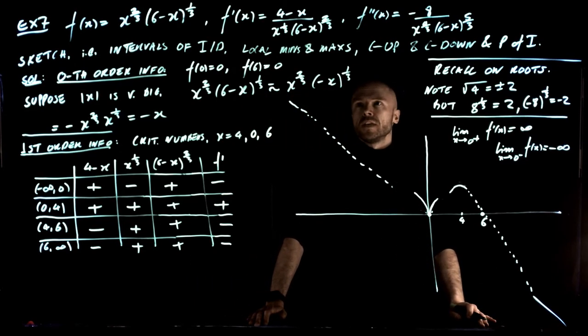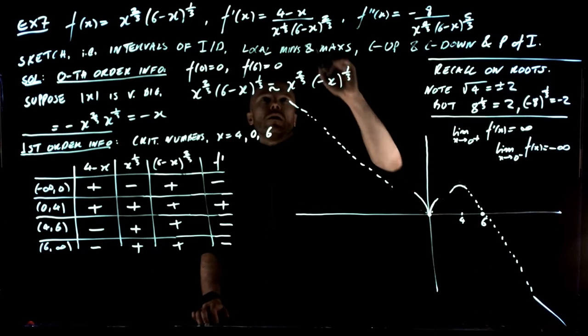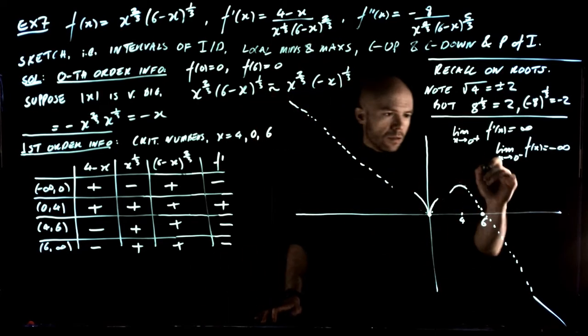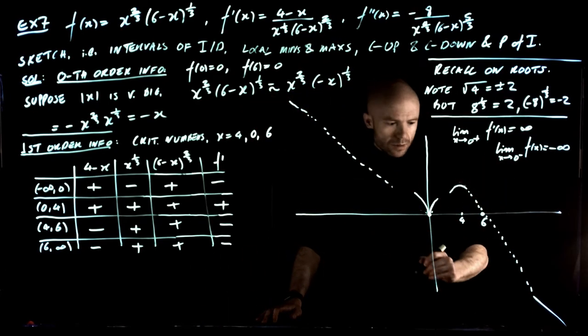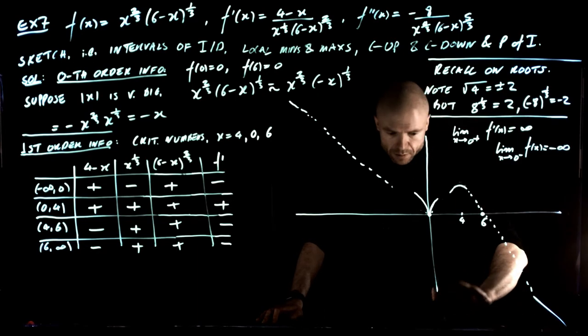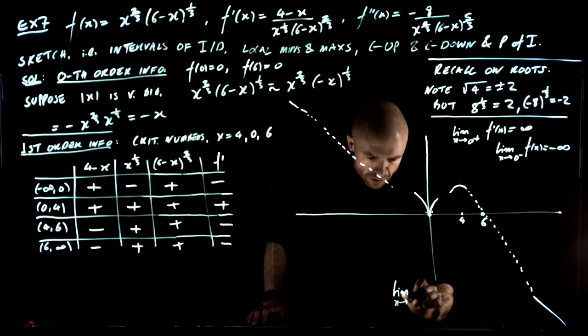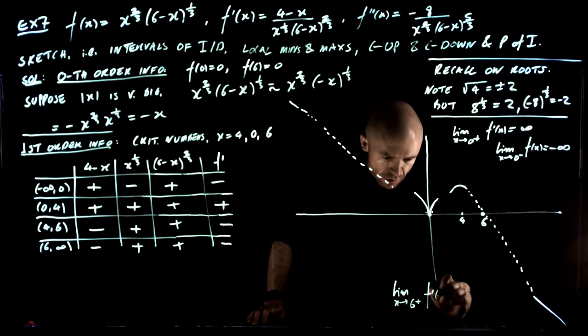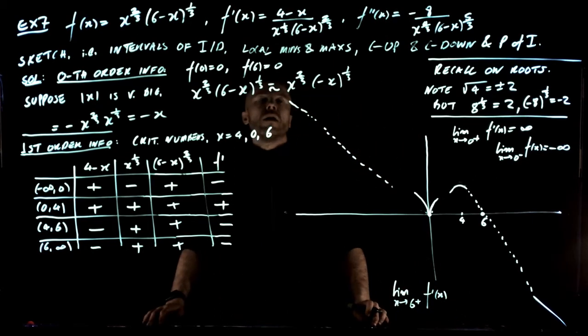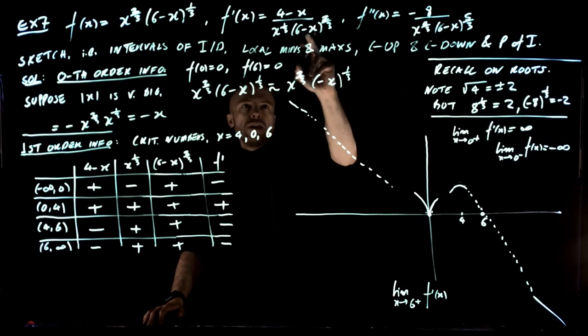Okay, let's do the same with 6. The picture's getting crowded, so maybe put it over here or down here. So the limit as x goes to 6 from the right-hand side, what happens? If we go from the right-hand side, this is a very small positive number, and this thing is positive no matter what.